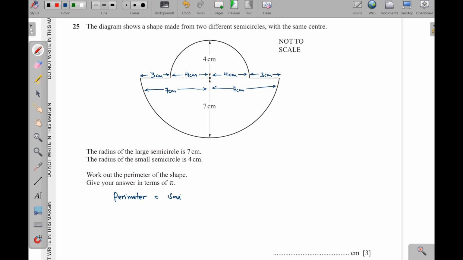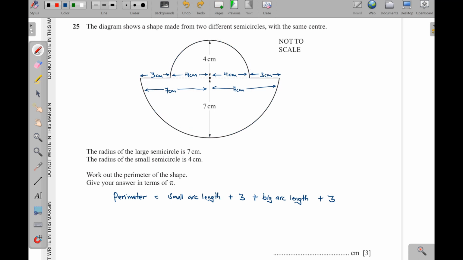I can say small arc length, then plus, there is a 3 here, then plus this one here, the big arc length, and then plus again this 3 here. We are getting lengths around the shape. So this one here, then you come like this, then up to here.